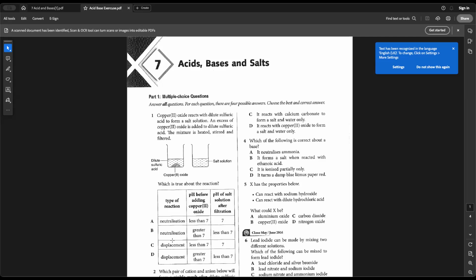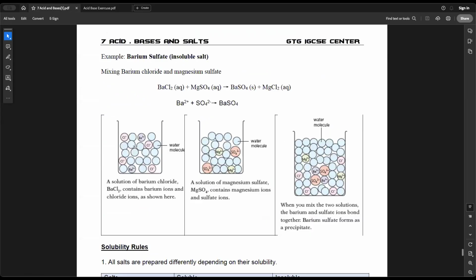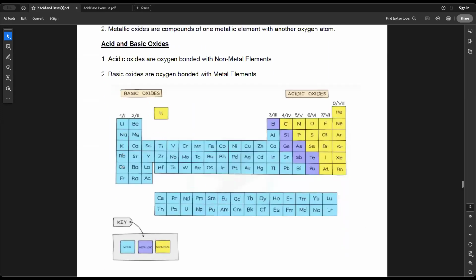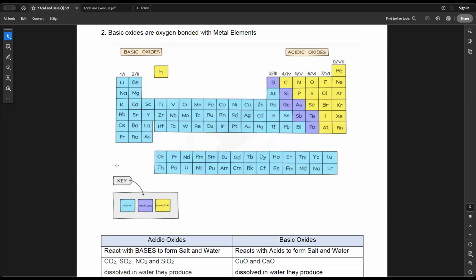Remember this table? The metal oxide table says that all the metals will be alkaline.